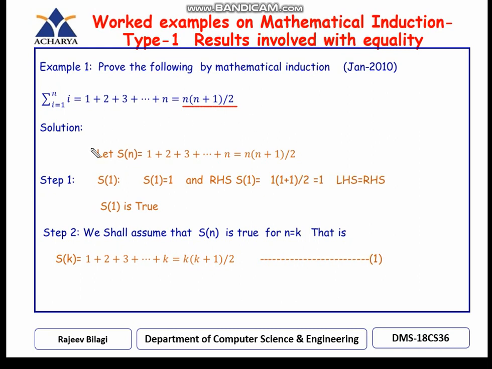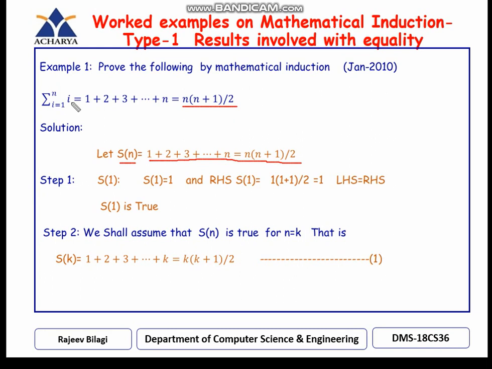The solution says, whenever this kind of statement is given, I will write this as S of n. So sigma i is equal to 1 to n, that I can write like this: 1 plus 2 plus 3 up to n is equal to n into bracket n plus 1 by 2. Now the basic step says S of 1 I have to find out. So what is S of 1?